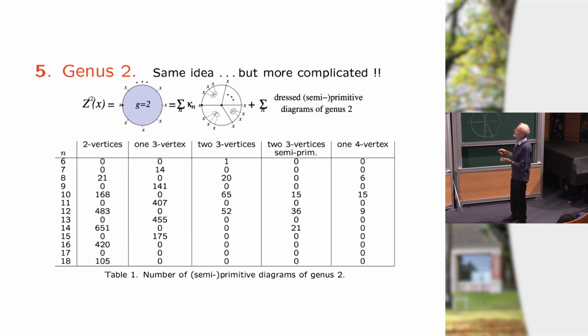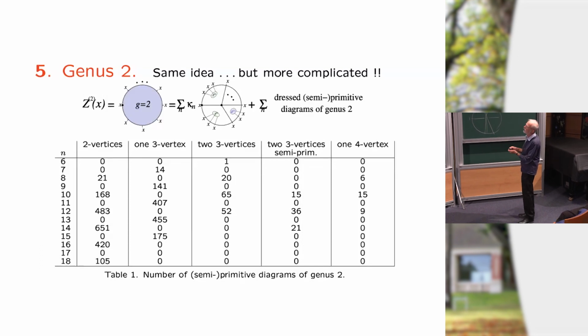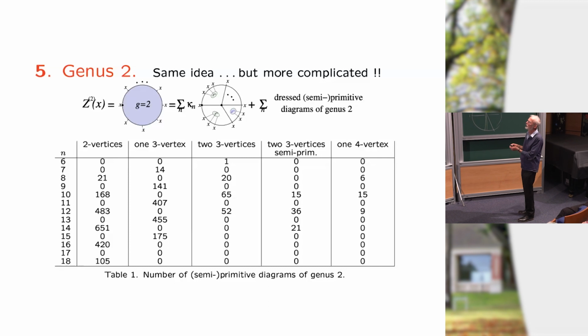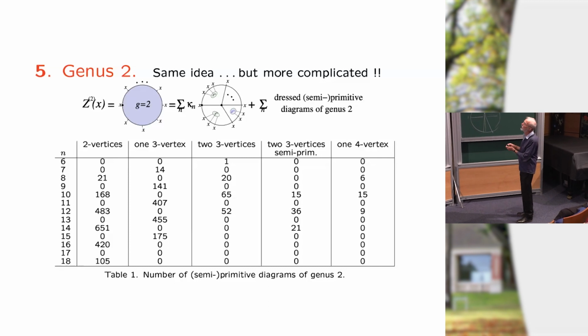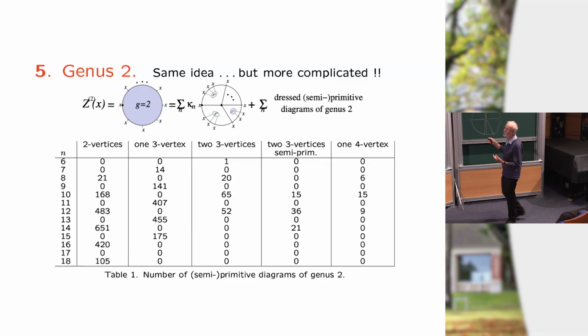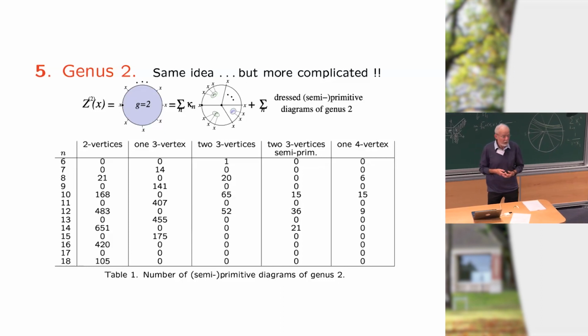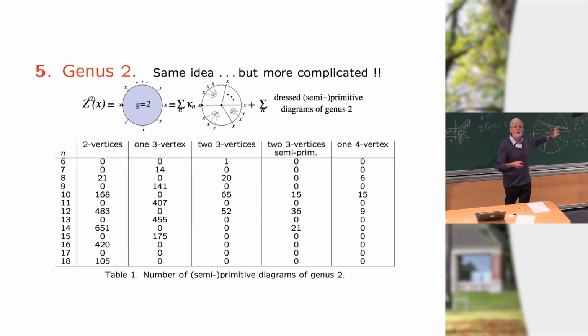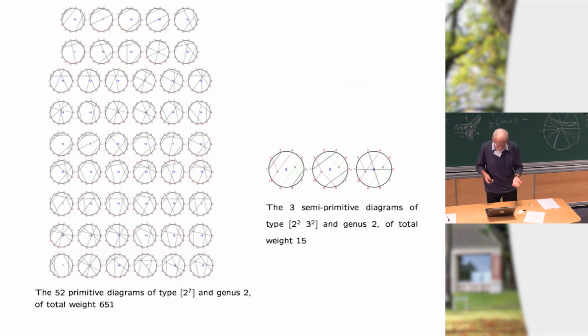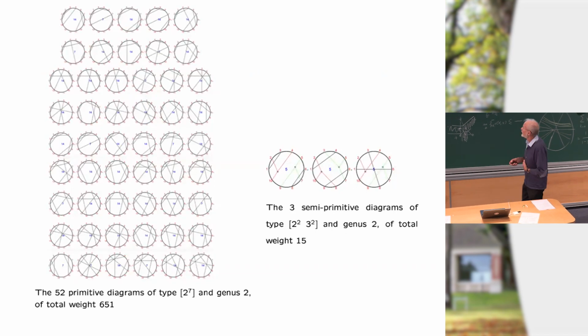And of course a finite number of vertices involved. So you may have only 2 vertices, or you may have 1 3-vertex, 2 3-vertices, etc. So a finite number of cases. And patiently, you carry out all this operation of tracing that I was explaining before. And when you do that, so here is a little sample of diagrams.